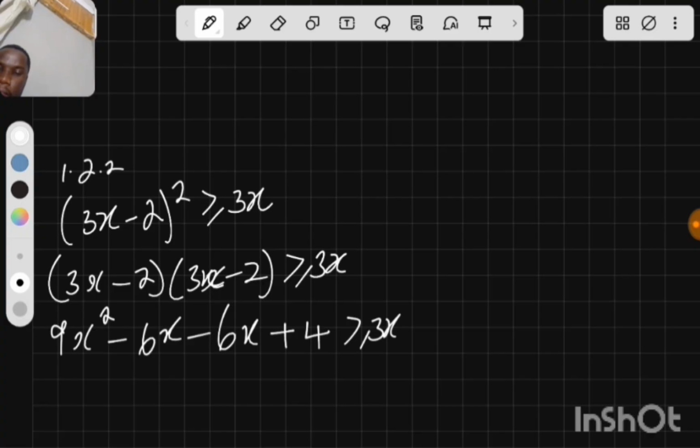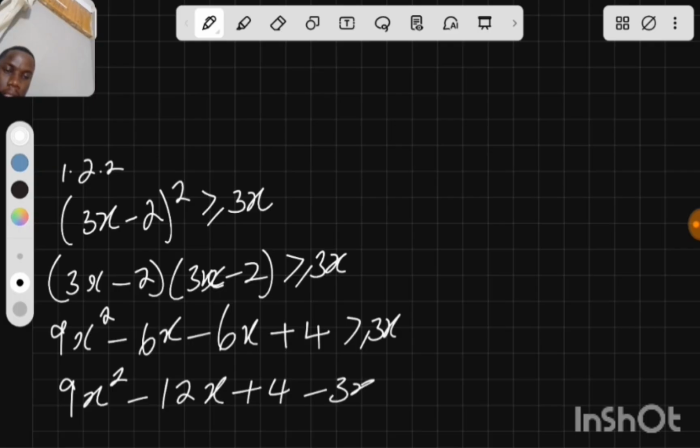Then we have 9x squared minus 12x plus 4. Then you transpose 3x to the left, which is going to be minus 3x, greater than or equal to 0.